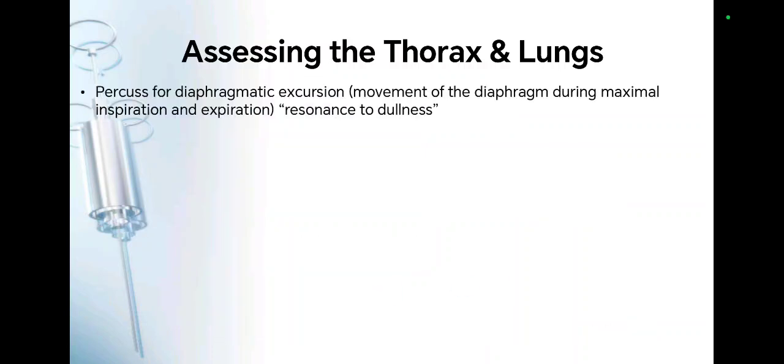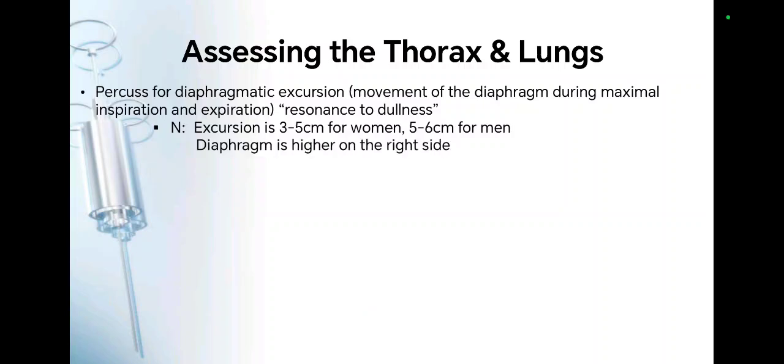Okay. So, percuss for diaphragmatic excursion, the movement of the diaphragm during maximal inspiration and expiration. So, you have to check from resonance to dullness. The normal excursion is 3 to 5 centimeters, while for men it is 5 to 6 centimeters, because they have a wider chest compared to females. Now, the diaphragm is higher on the right side compared to the left side.